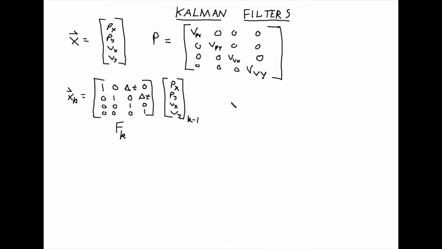And finally, we're going to have one last matrix we're going to call Q that's going to model our process noise. It's a bit complicated to write down, but it's not that complicated to understand. It's also going to be a 4x4 matrix, and it's going to be based on an acceleration noise term.